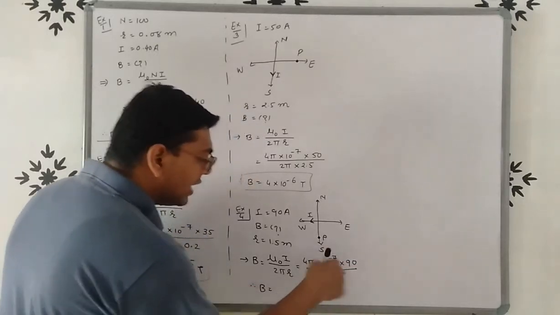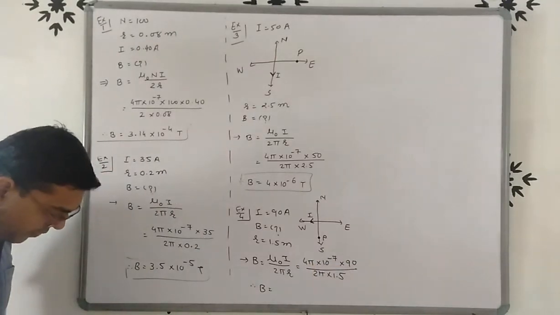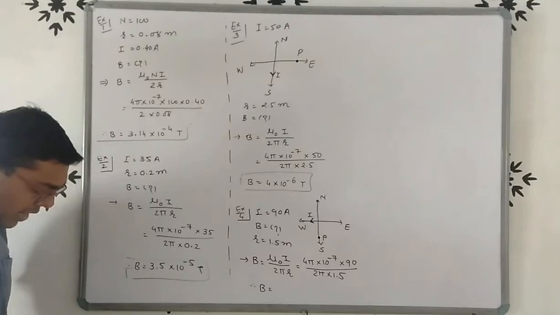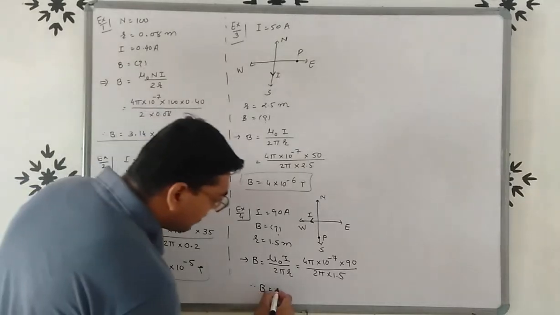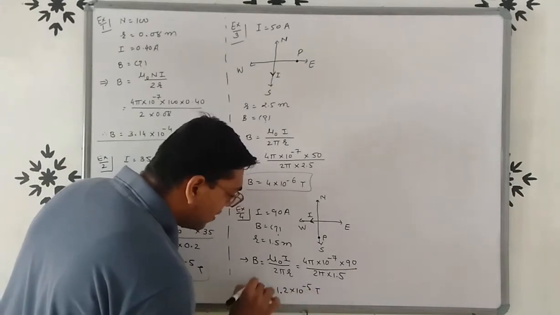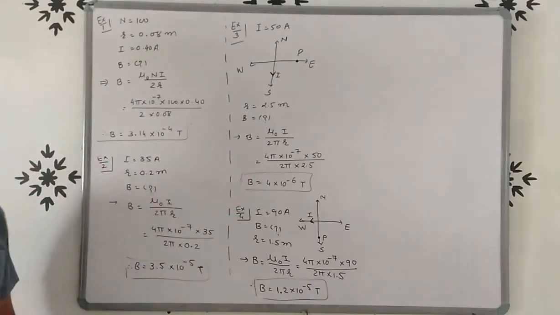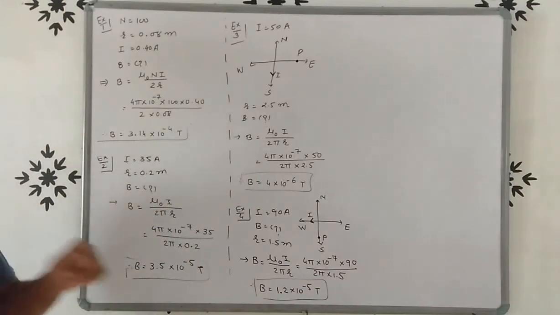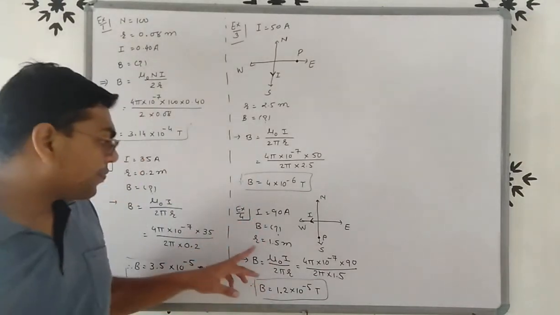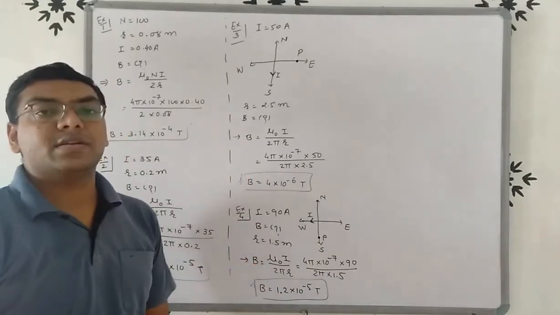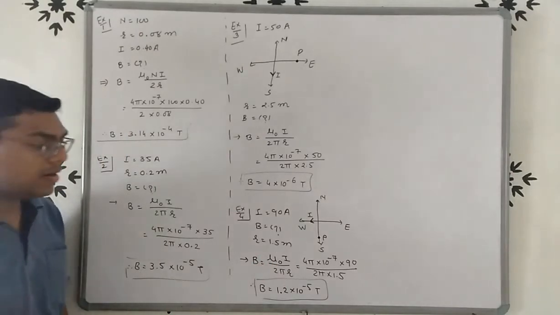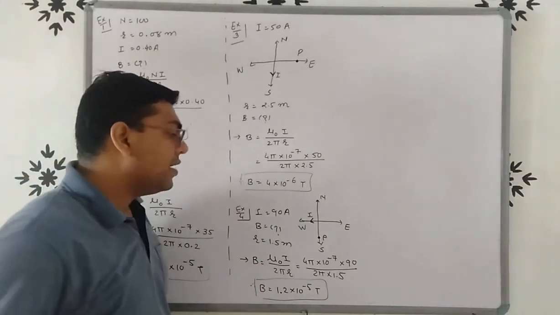So as you calculate this, you will get magnetic field B is equal to 1.2 into 10 raised to minus 5 Tesla. Right. So again we know the value of current. We have to find out magnetic field at a distance 1.5 meter. So we use the formula mu 0 I upon 2 pi r. So we get magnetic field B.